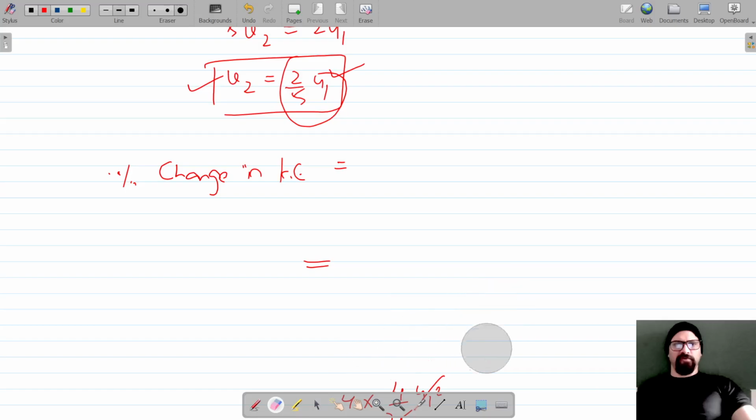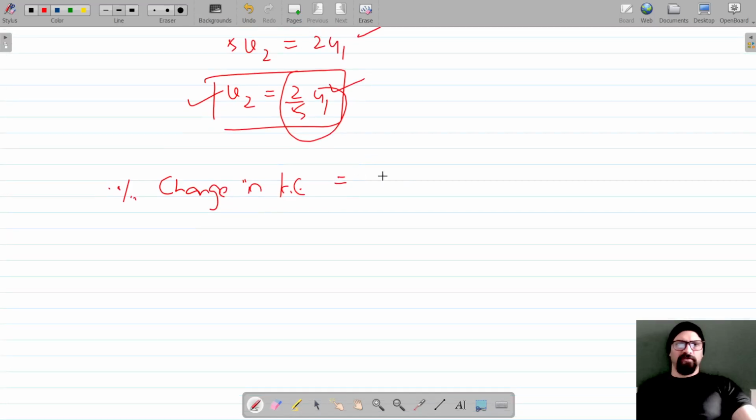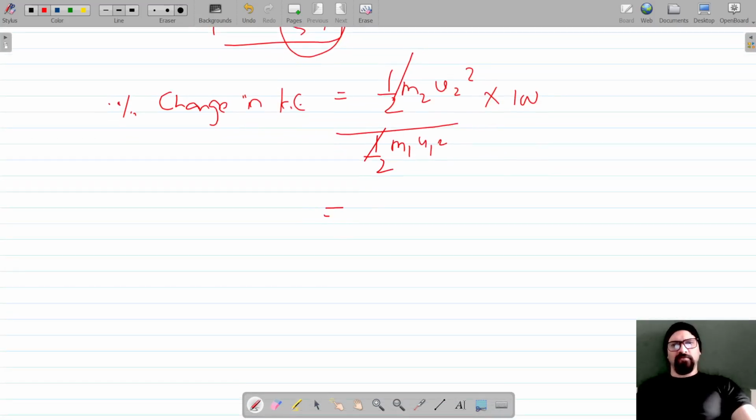Actually, this should be corrected, because we have to find the percentage change in the kinetic energy. This should be the final kinetic energy, half m2 v2 square, which is the final kinetic energy of the second body, upon the initial kinetic energy of the first body, into 100. The halves get cancelled, and m2 is 4 times m1.